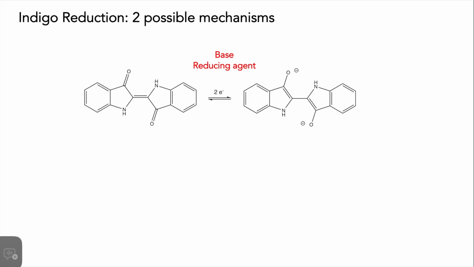Now, the first possible mechanism looks a lot like what I showed you previously, and that is there is a 2-electron transfer. And when this happens, the reducing agent comes in and it donates 2 electrons to the indigo molecule at one time, and you go straight from indigo to leucoindigo.